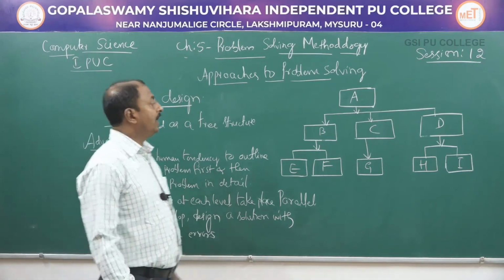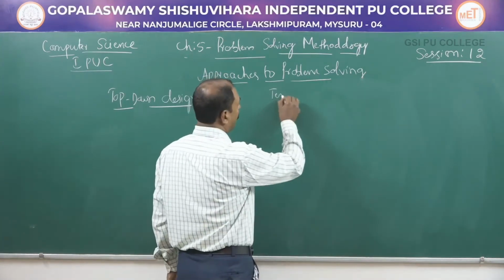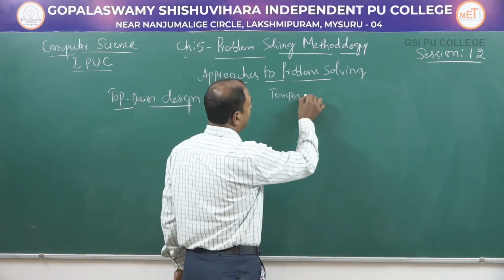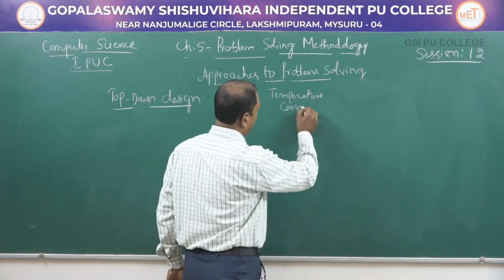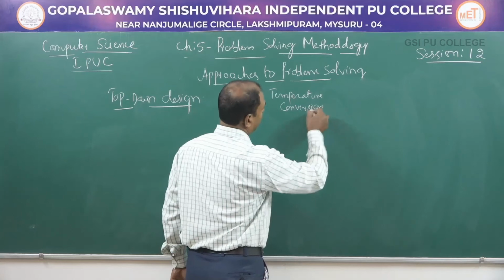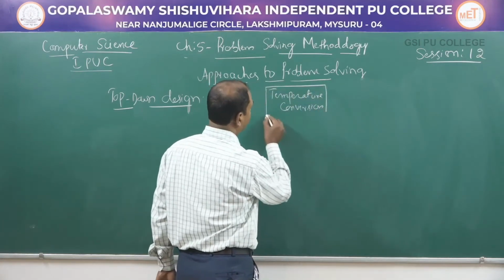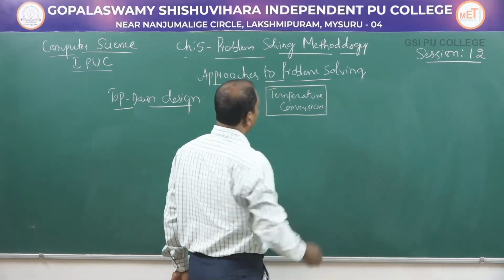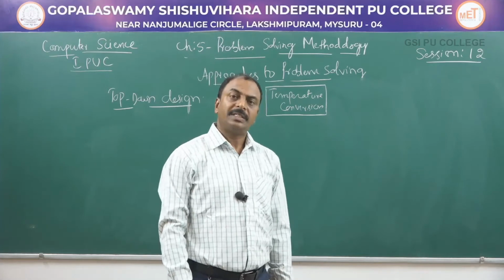Now let us see another example for top down design: temperature conversion. This is the problem given. Here we have to convert a given temperature into Fahrenheit or into centigrade.